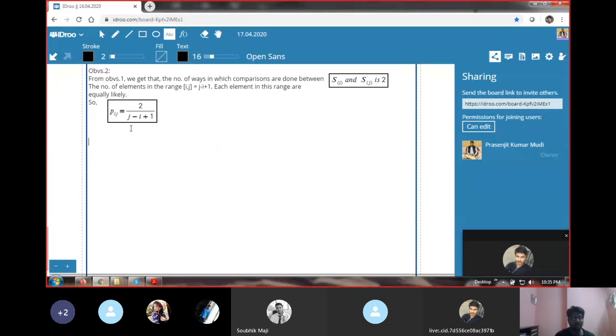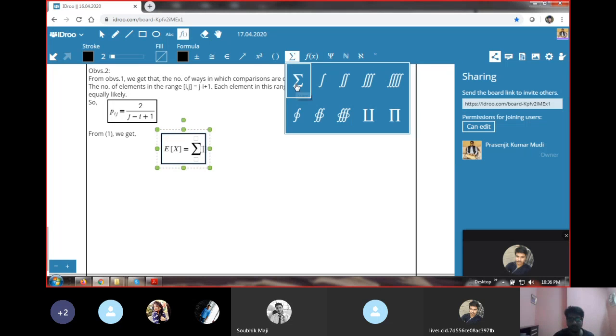Now from equation 1, recall that the expectation of X equals the double summation of the expectation of Xij, and that is your Pij.